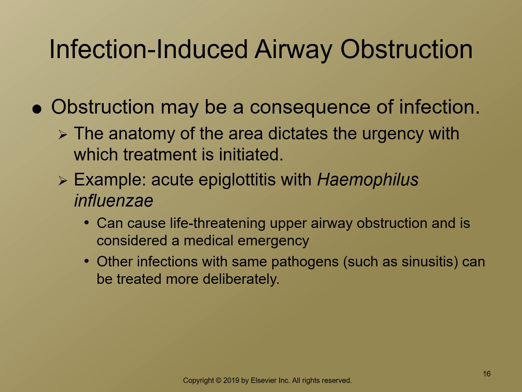An example in which airway obstruction occurs as a result of infection is in acute epiglottitis with Haemophilus influenzae. So this can cause a life-threatening upper airway obstruction, and it's considered a medical emergency, and this occurs in non-immune persons. Other infections with Haemophilus influenzae are not necessarily life-threatening and can be treated more deliberately.